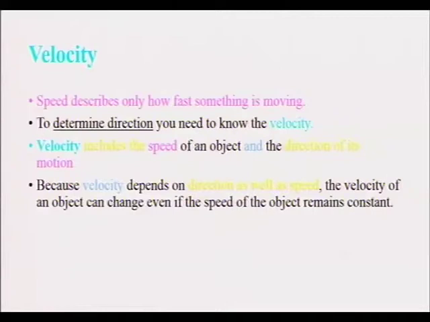Here it says velocity includes the speed of an object and the direction of its motion. Because velocity depends on direction as well as speed, the velocity of an object can change even if the speed of the object remains constant. A car moving at 20 kilometers per hour in a certain direction turns at 20 kilometers per hour, changing its direction. That means the car has already changed its velocity, but the speed remains the same.